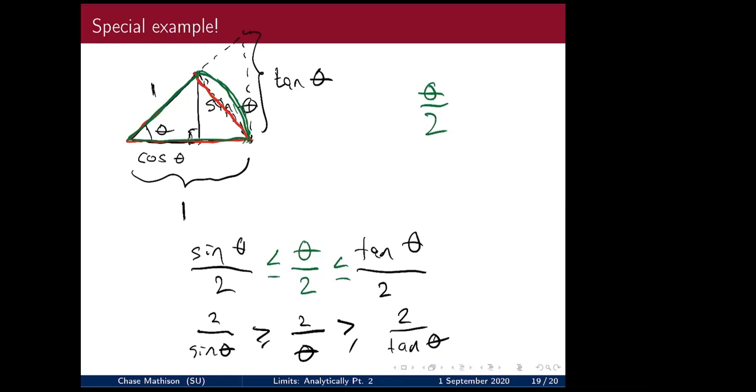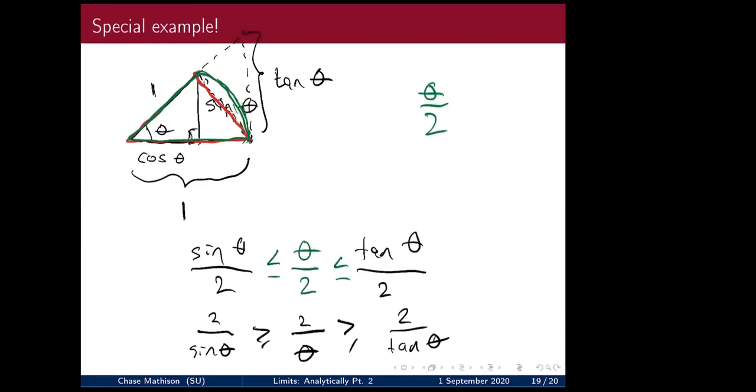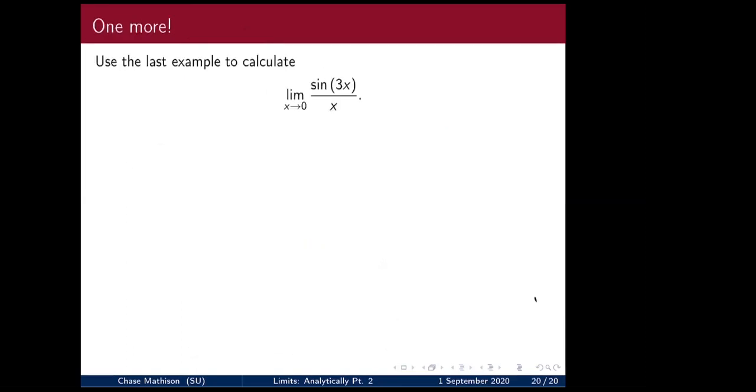And then I'll multiply everything by sine of theta. When I do that, on the left, I had 2 over sine of theta. So when I multiply by sine of theta, I'm going to get 2.